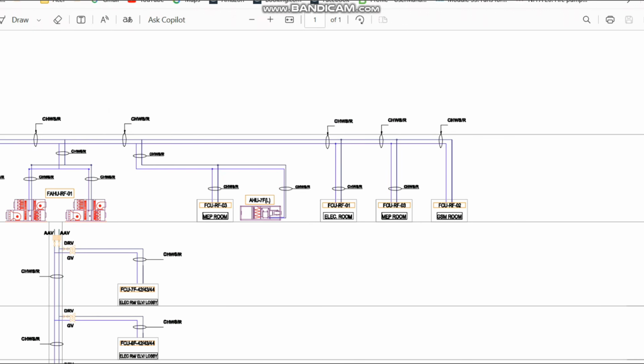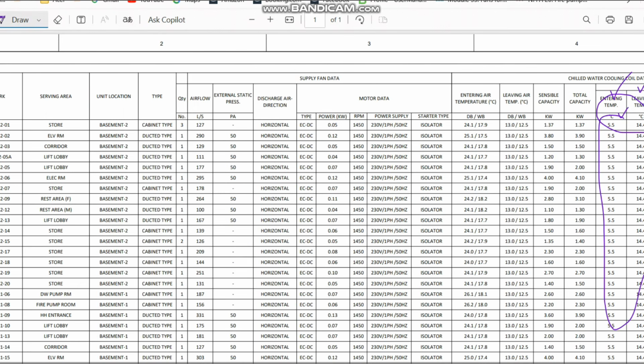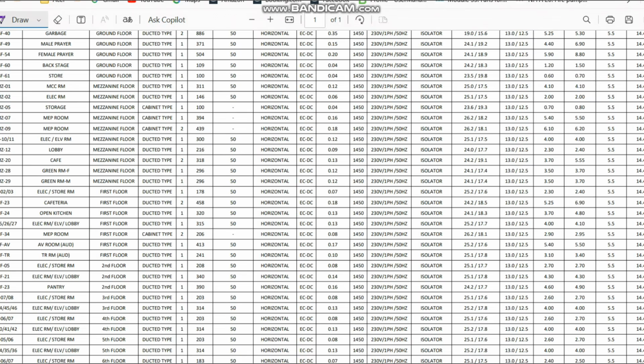For example, we will see what the pipe sizing is for this FCU RF02. So let's start with this one. First, we'll go to the schedule. In the schedule, we have to see the total capacity, which is given in kilowatt. If you see the tag number here, FCU RF02, for this tag number we will go to the schedule.